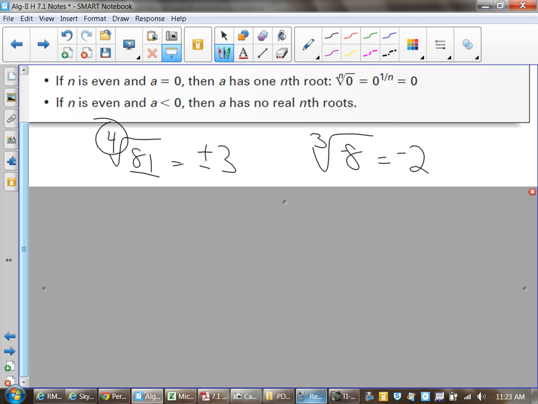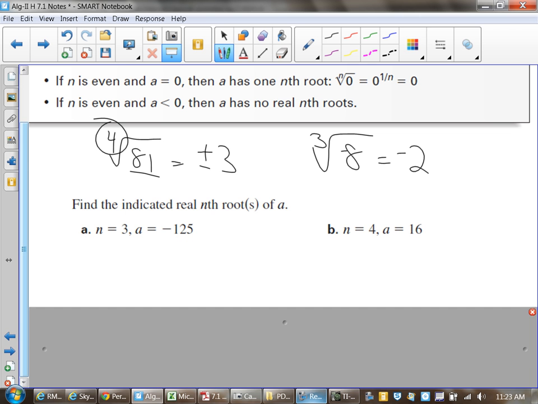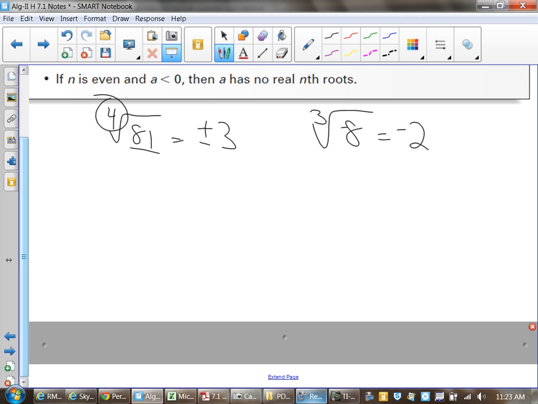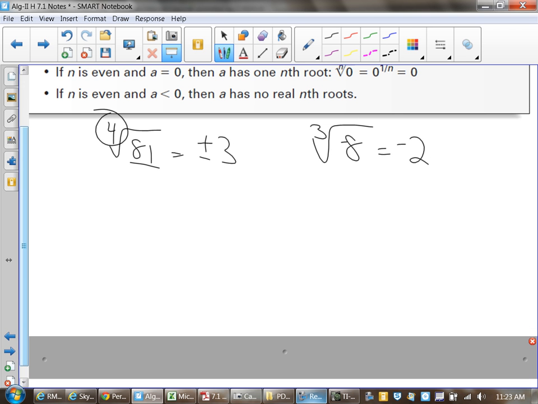When we have the 4th root of 81, that could be written like this. The 4th root of 81, well, this is my a value, so that's 81. The root, that number next to the radical, always goes in the denominator of a fractional exponent.